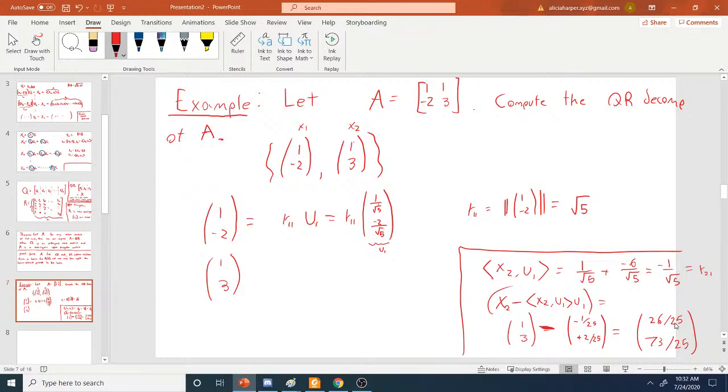So now we know what this quantity is, so we can try to compute its magnitude.